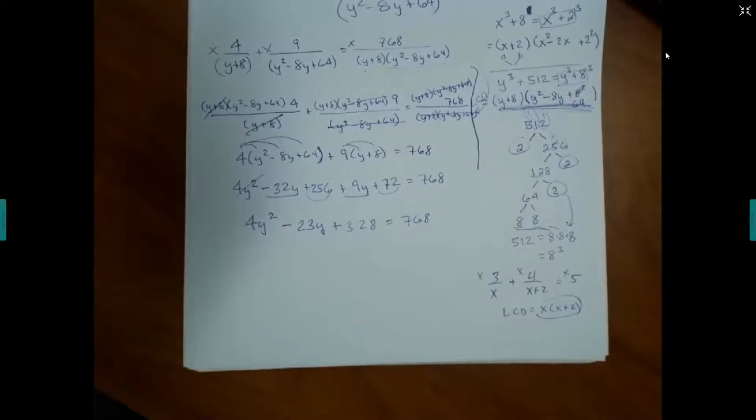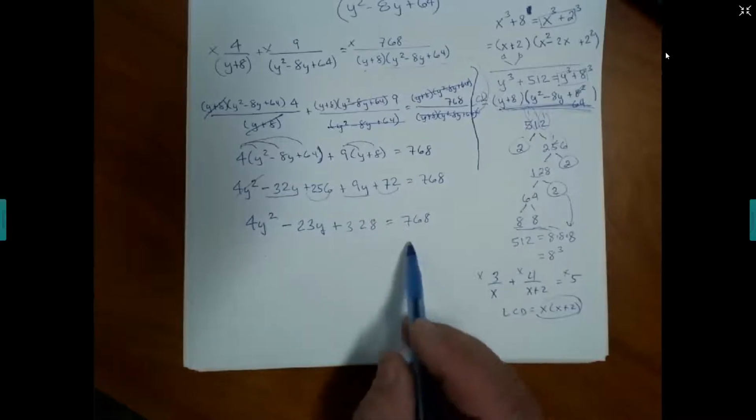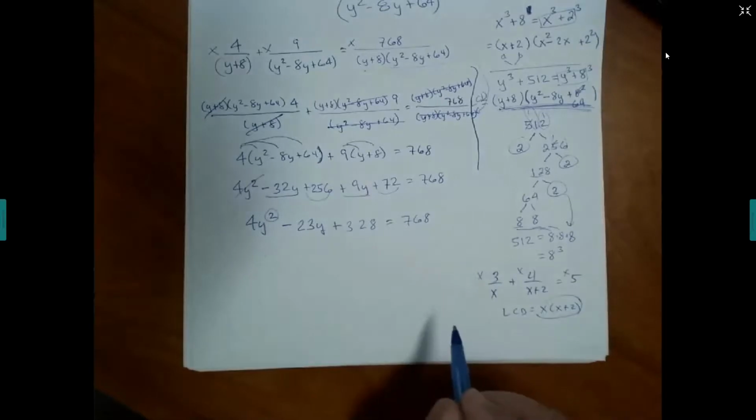Now what do we do? Before that, what does that have to equal to? Since it's quadratic, it has to equal to zero.